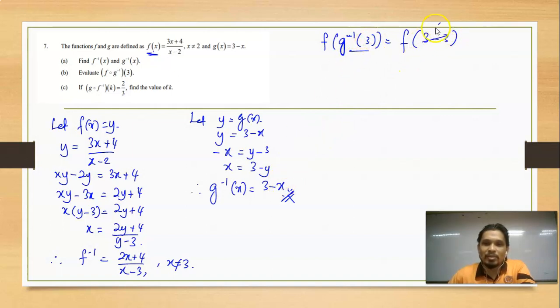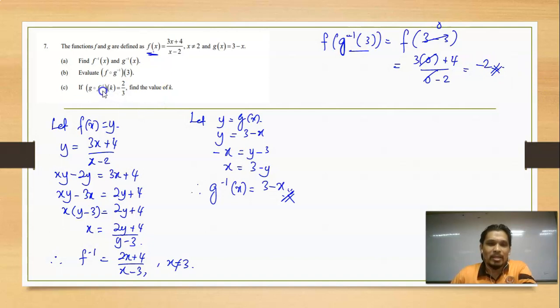So 3 minus 3 equal to 0. f(0) equal to, substitute 0 into x of the function f. So 3 times 0 plus 4 divided by 0 minus 2. So 4 divided by negative 2 equal to negative 2.